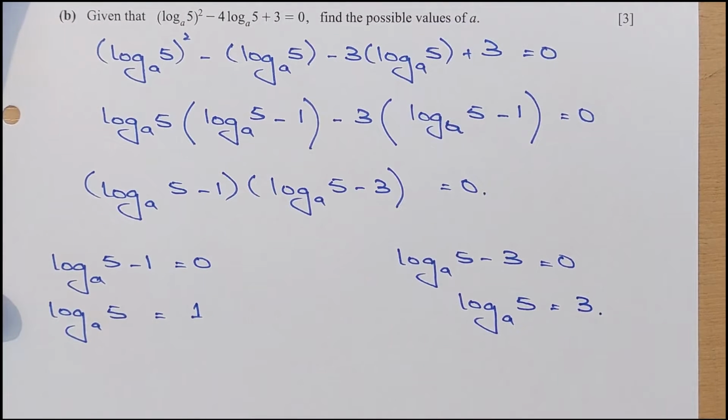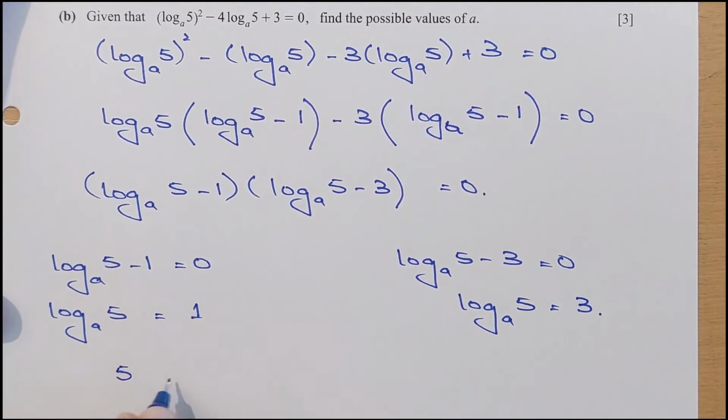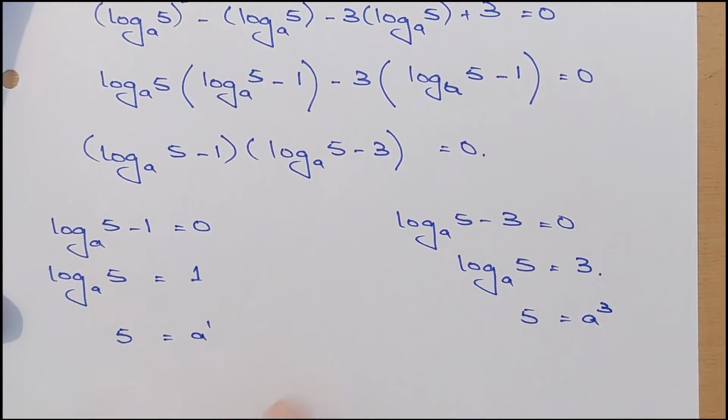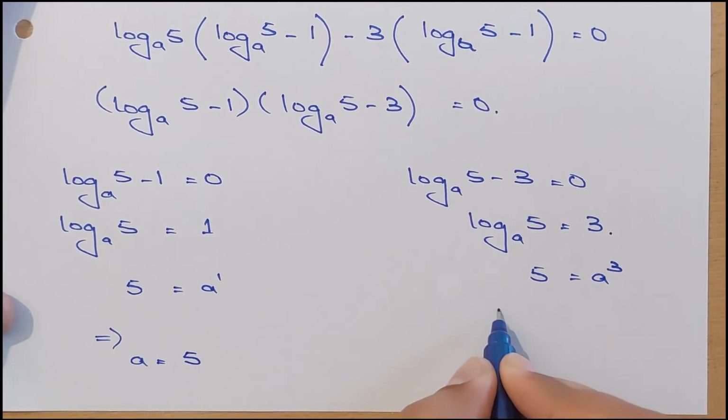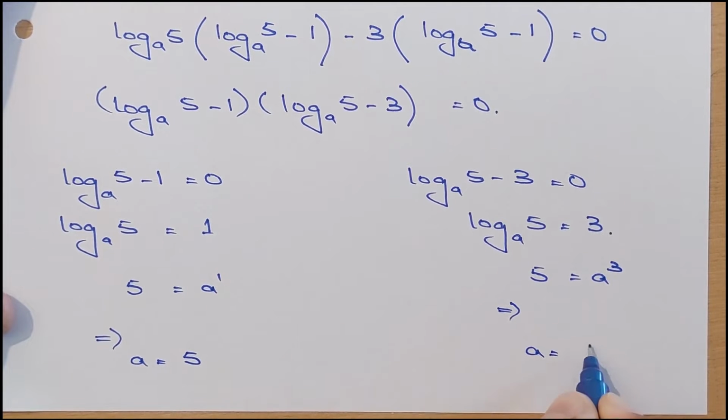Now converting the logarithmic form to exponential form, 5 equals a to the power 1 and 5 equals a cubed, right? So here a equals 5, and from the other we get a equals the cube root of 5, the two values for a.